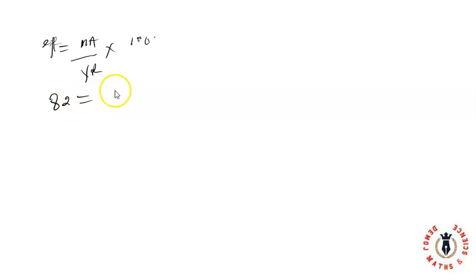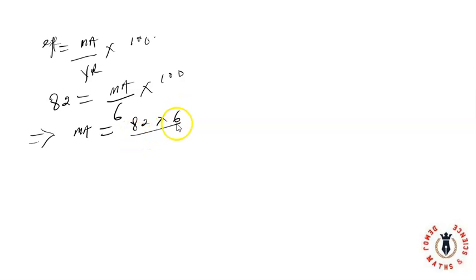That's equal to MA over VR, our VR is 6, times 100. Now, this implies that our MA is the same thing as 82 times 6 over 100. From our calculator, that means our MA is 4.92.